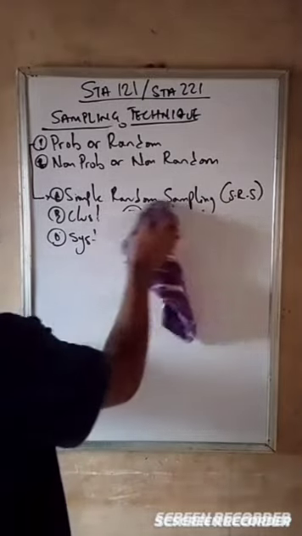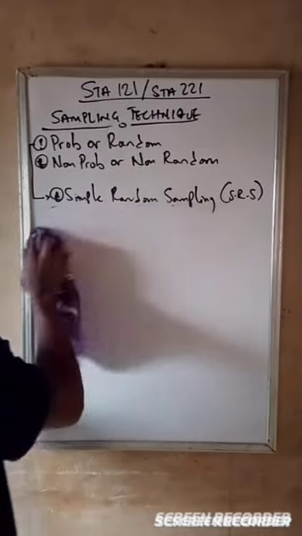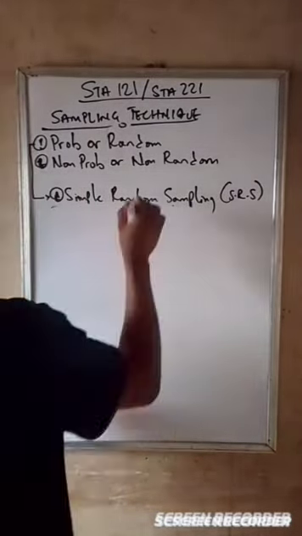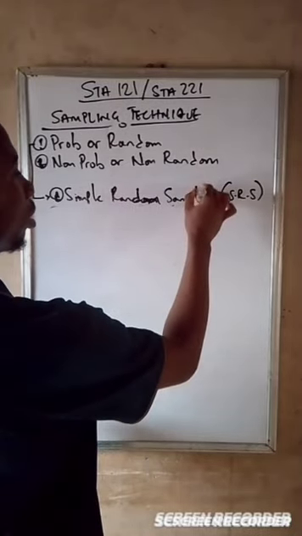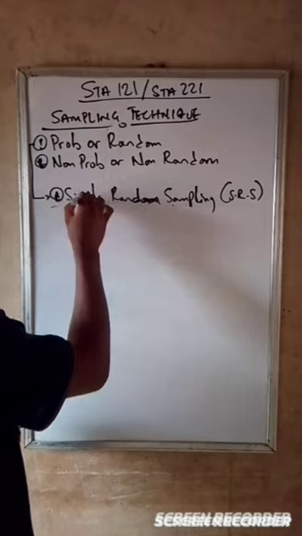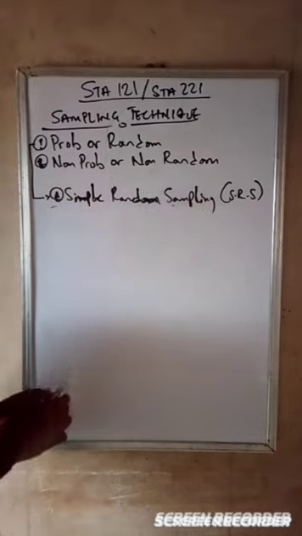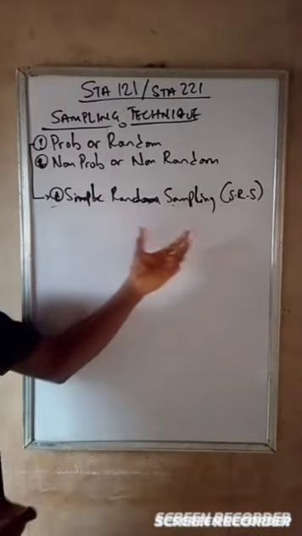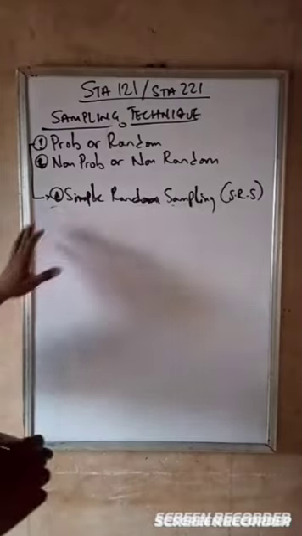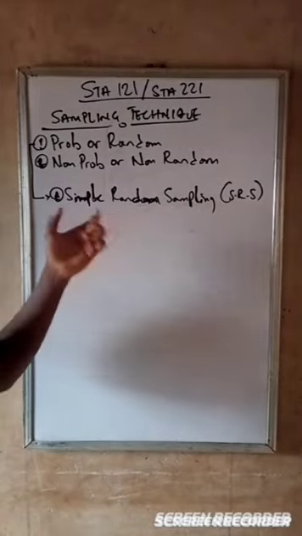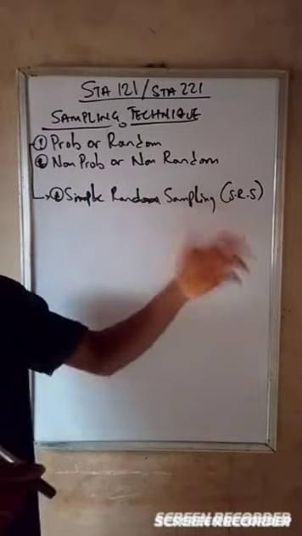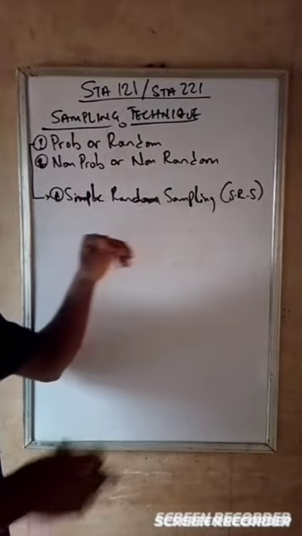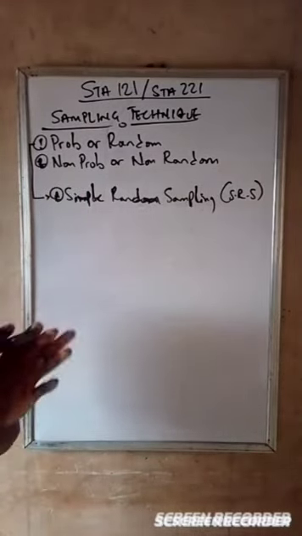Okay? Now, talking about this simple random sampling, the main characteristic of this technique is that every member of the population, if you are using a simple random sampling technique, they all have equal chance of being selected.